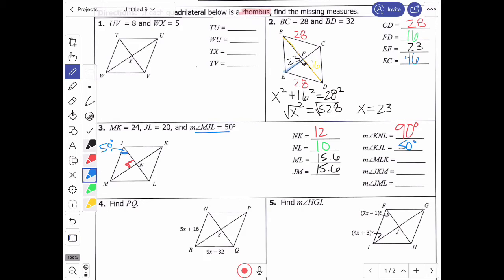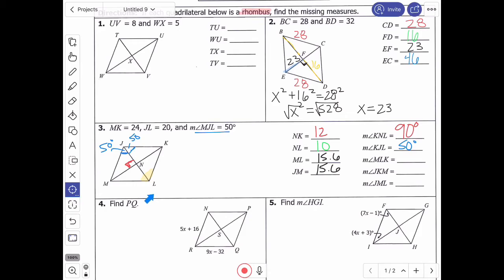Next we have angle MLK. So angle MLK, I'm going to highlight that, would be this whole yellow angle. So before I talk about MLK, let's remember that this is also 50. So these two angles are opposite from each other.